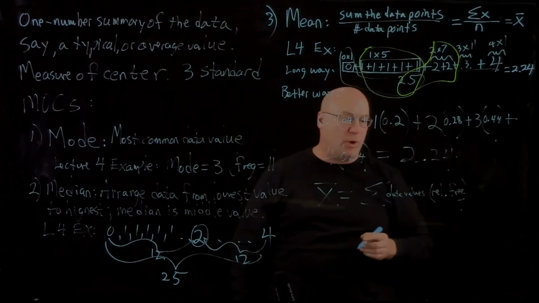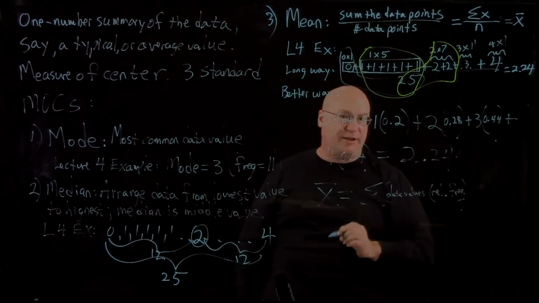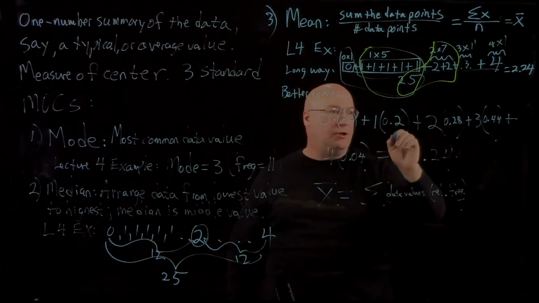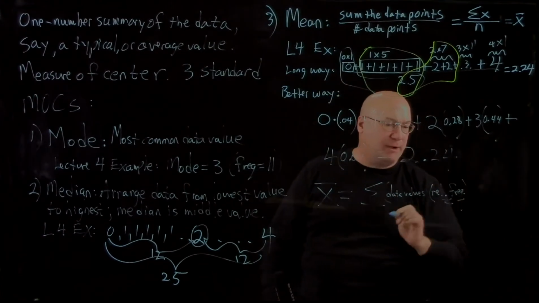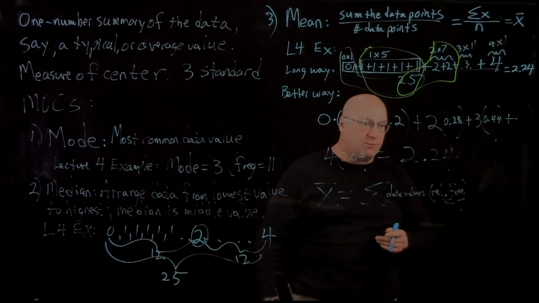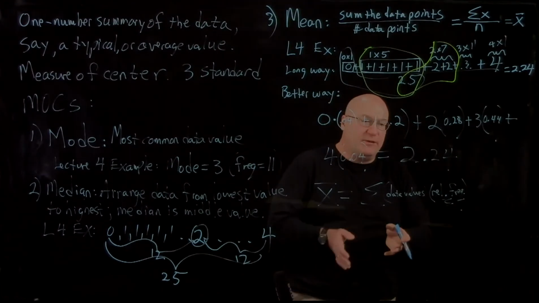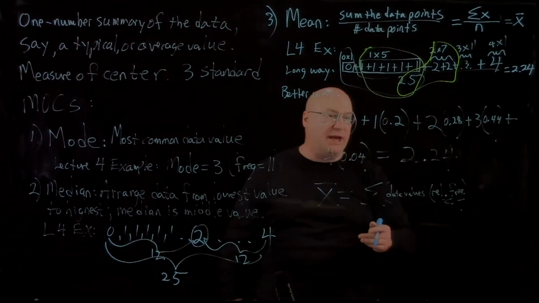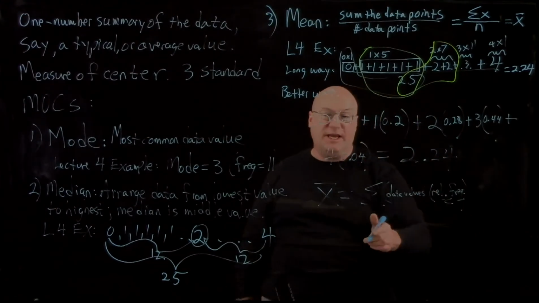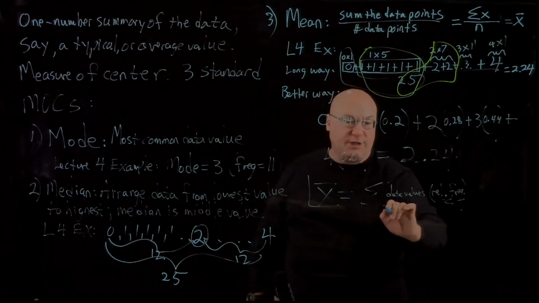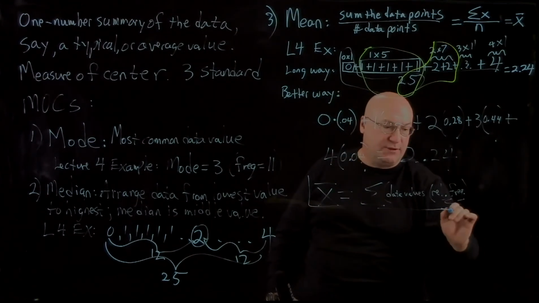So it's actually a weighted average. I take each data value, which is 0, 1, 2, 3, or 4, and I multiply each by its weight, by its relative frequency or empirical probability. And when I multiply them and add them all up, I will get exactly the same thing as if I just simply added them all up and divided. This idea will become quite useful in the future.